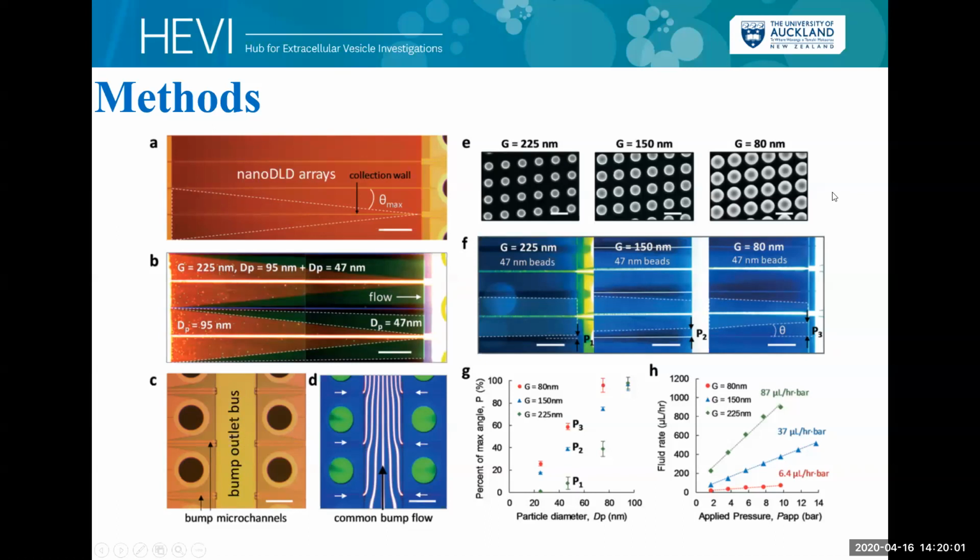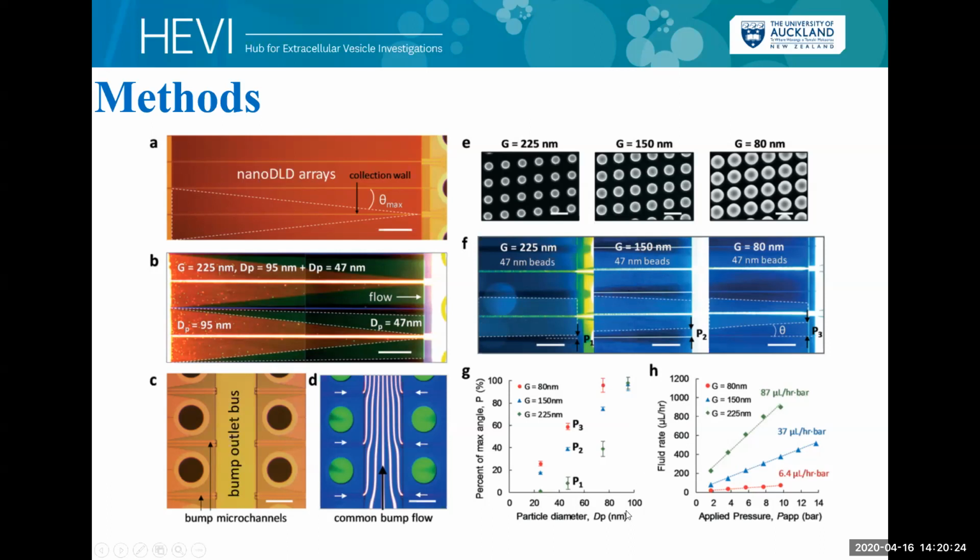And so they tested this with a number of different nanopillar array geometries just to show that they could control the bead path how they expected they would be able to. They did that with 47 nanometer beads and a couple different array spacings. And you can see here that using different spacing of the pillars, they can focus the effluent into different areas of the chip.